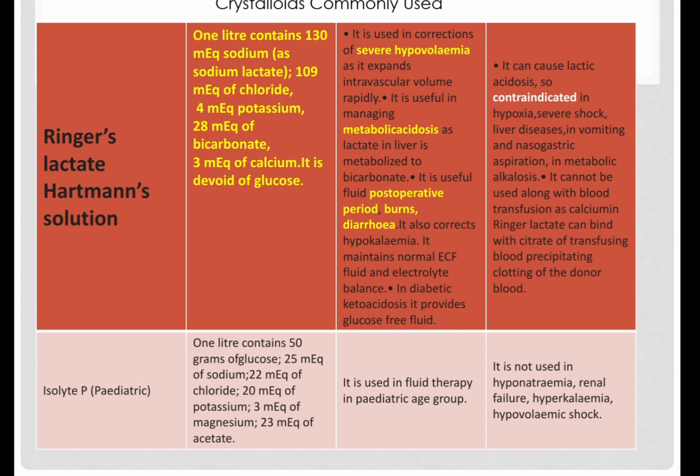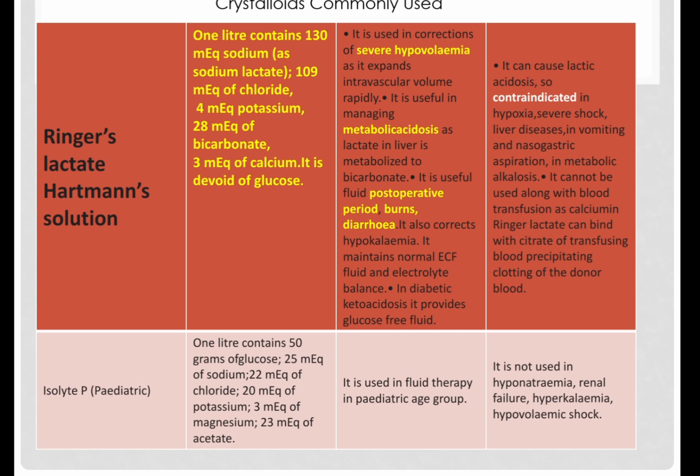So the indications: why do we use Ringer's lactate? It is used in the correction of severe hypovolemia as it expands the intravascular fluid volume rapidly. It is useful in managing metabolic acidosis, as lactate in the liver is metabolized to bicarbonate.